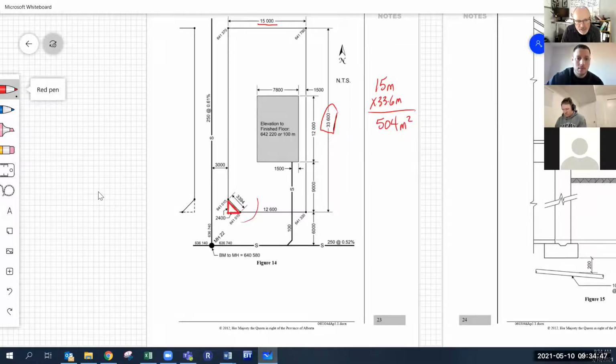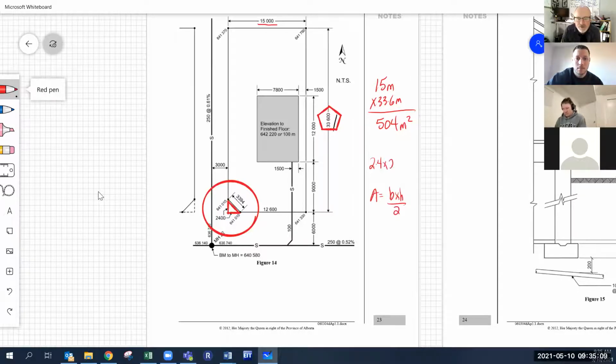But down here in the corner, you can see that I have this little triangle there. So this is 2.4. This triangle is 2.4 by 2.4. So to find the area of a triangle, it's base times height divided by 2.